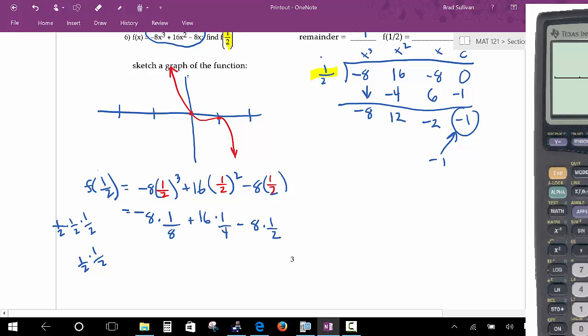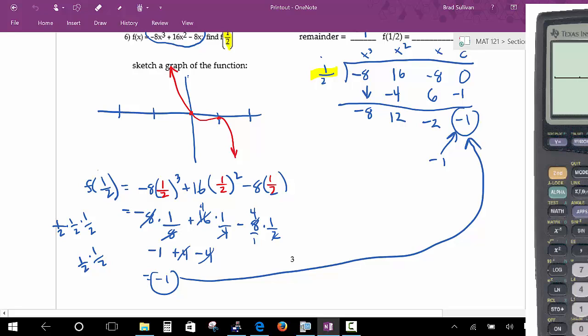Now what we're going to do is just cancel out the fractions. So that's going to cross out, leaving you -1. 16 over 4 is going to give +4. And then 8 over 2 is going to give -4 like that. 4's cross out, you get -1.